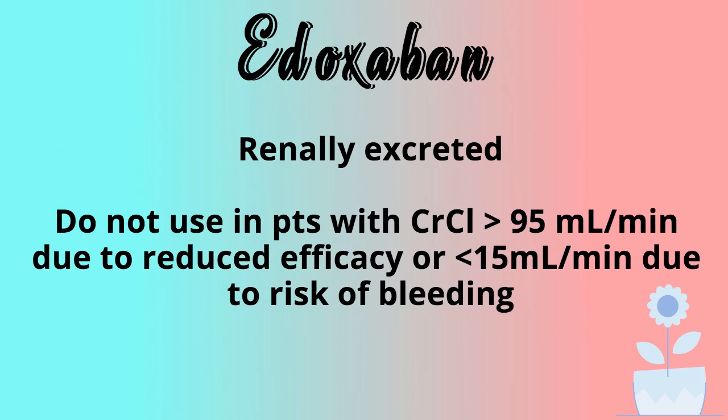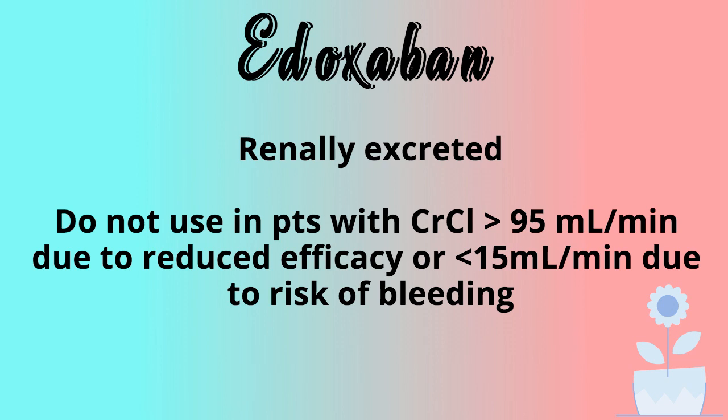Edoxaban is also renally excreted, so it is not recommended to be used in patients with creatinine clearance less than 15 milliliters per minute due to the risk of bleeding, because they can accumulate a lot of it. And interestingly enough, it is also not recommended to be used in patients with creatinine clearance greater than 95 milliliters per minute, particularly in AFib.